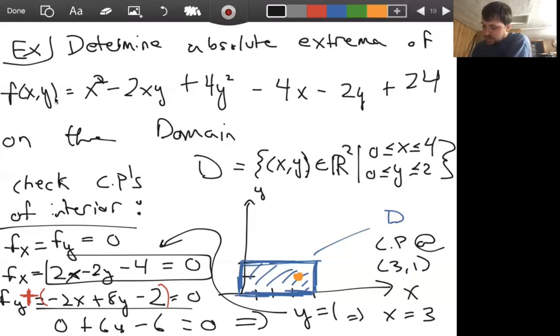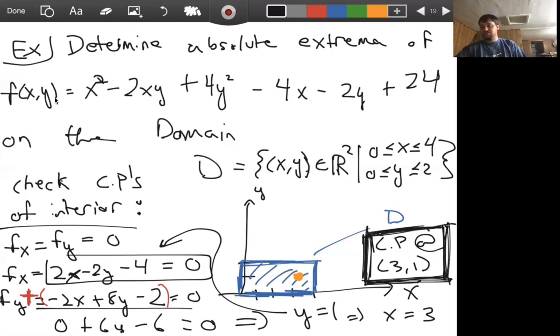Notice we can check that again just by inspection: (0, 0) is not a critical point, so we're okay there. Now, what we want to do is start recording our possible values for extrema. So let's box this so we can come back to it later. We have a critical point at the point (3, 1).